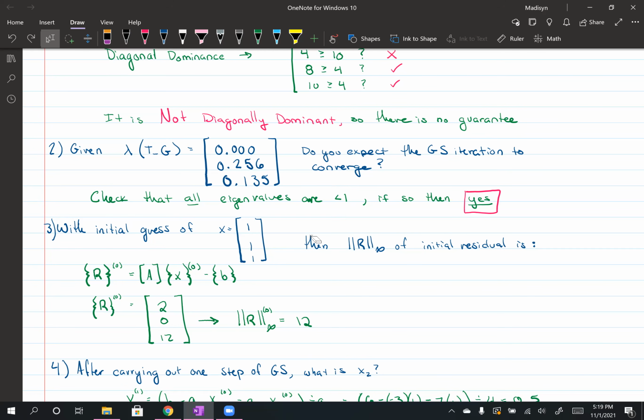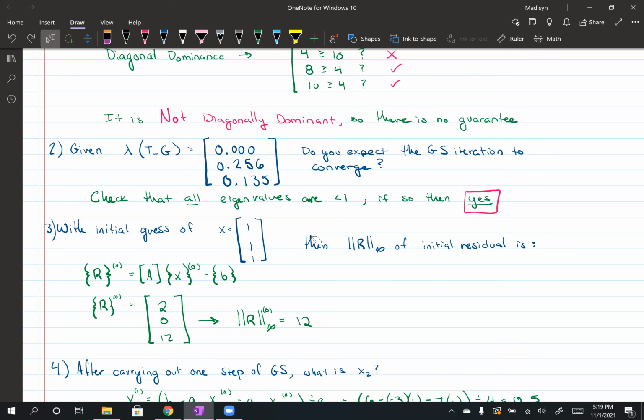So you're going to be given what we'll call the magnitude of the eigenvalue vector for the iterative matrix T_G. That's what this lambda T_G is. And so we'll give you A and we'll give you B again.